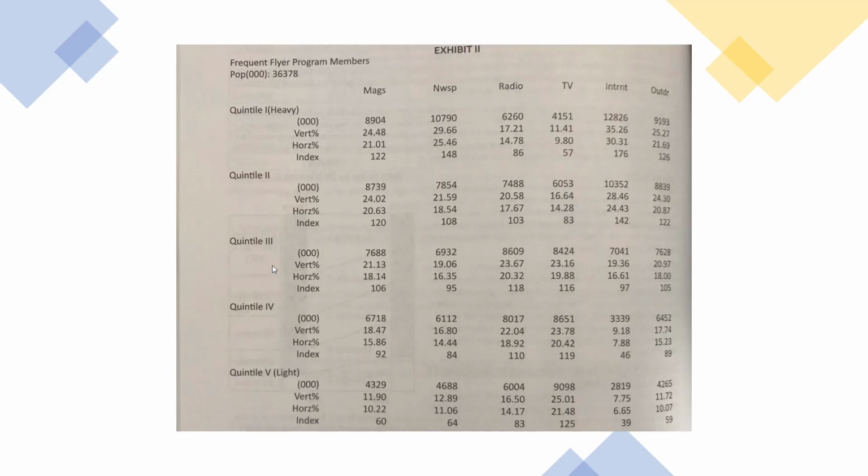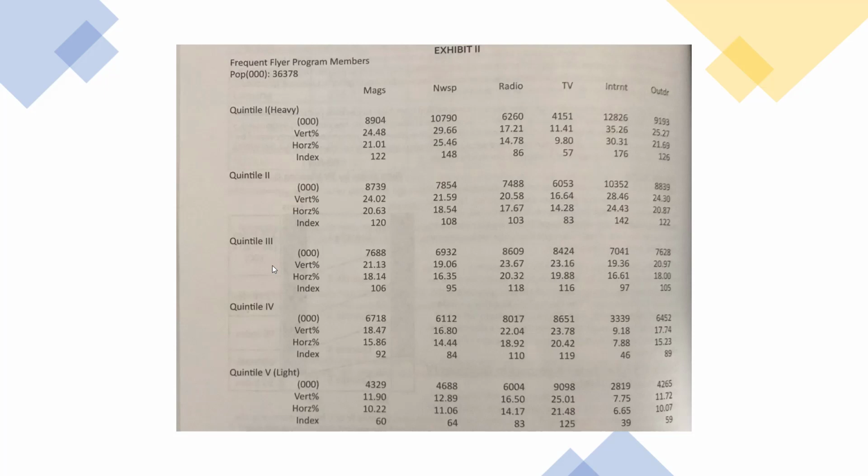If you look at quantile 1, the heavy users, and look at the index number, for magazine it's 120, for newspaper it's 148, outdoor is 126, and internet is the biggest, 176. That makes sense because frequent flyer program members don't have lots of time to watch television, which is 57.